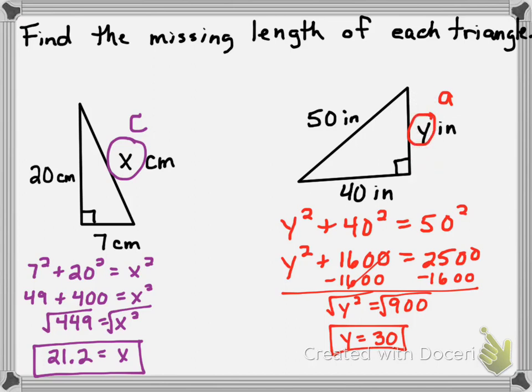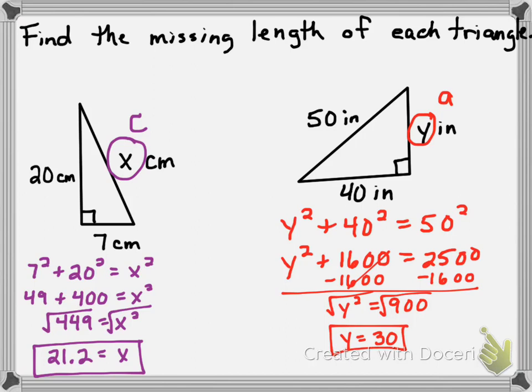Now, just a note back a couple slides ago, when we solved these problems before, I had to do plus or minus 30 because I could square 30 or negative 30 and get 900. But here we're talking about distance. How long is this side? The negative answer doesn't really make sense because you're not going to have something that's negative 30 inches long.